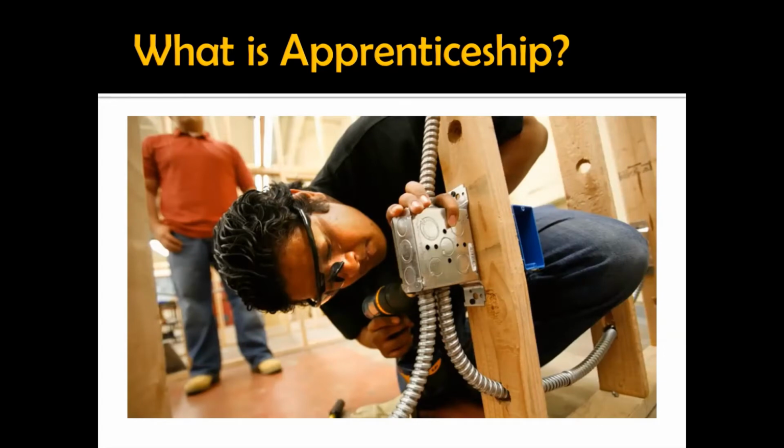The reason that they had been taught the secret codes is that throughout England and the rest of Europe, there would be masters that would have control over their trade within a certain area. And if they saw someone come into one of their villages and set up a shop as a stonemason, they would come and challenge that stonemason and ask them certain questions.